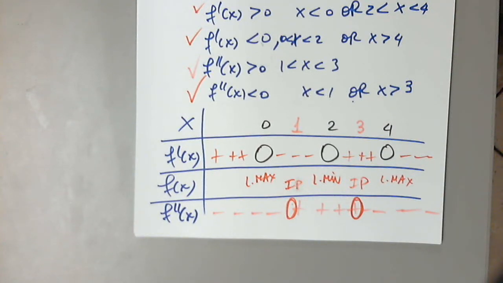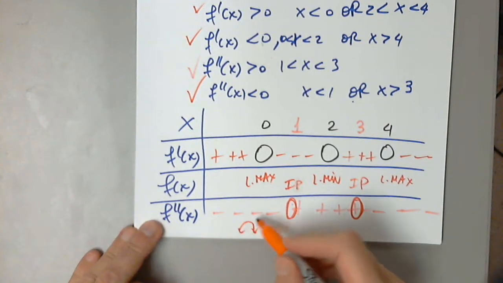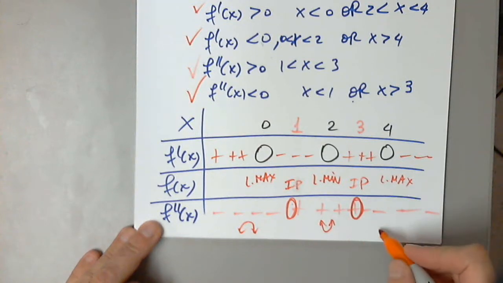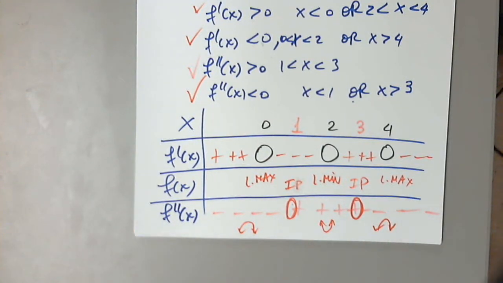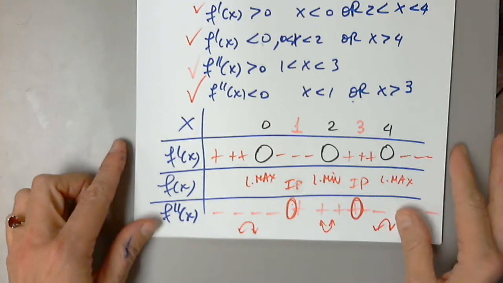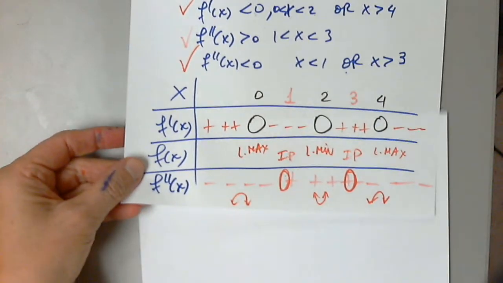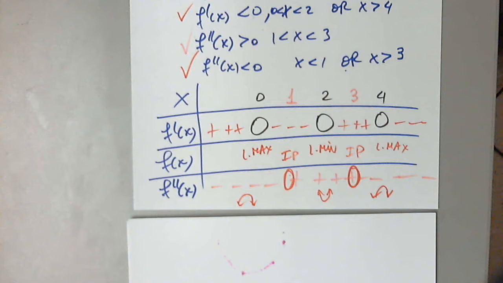So the function is increasing, decreasing, increasing, decreasing, and this is opening upward, downward, upward, downward. Once you fill up the chart, then from here on, it should be straightforward. Any questions about this? Is this okay?